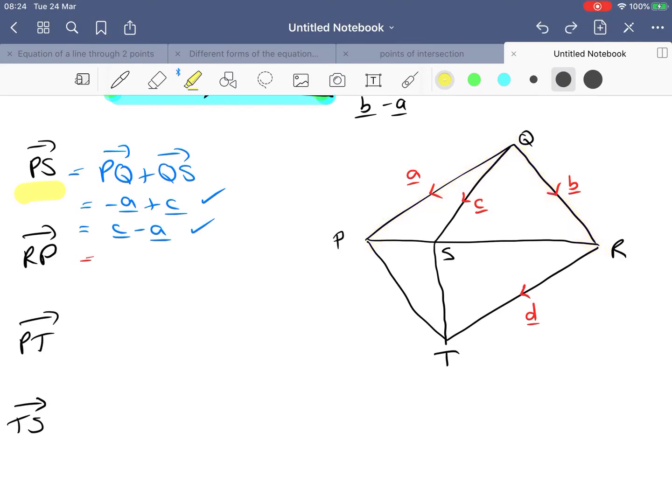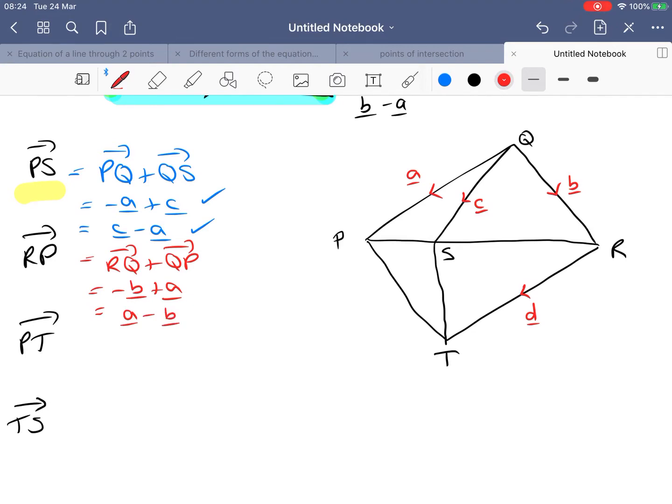So let's get rid of some dots. So what I'm going to do is RP is going to be RQ plus QP. And RQ, because we're going in the opposite direction of that B, is going to be minus B plus A. So again, nicer way of writing it is A minus B.